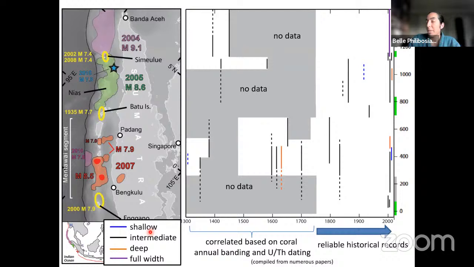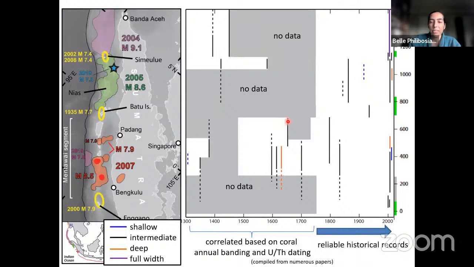So by compiling coral records from all of these islands, this is the history of earthquake events that we have compiled. In the period before about 1750, that is based on uranium thorium dating and coral annual bands, and after that is confirmed by reliable historical records.